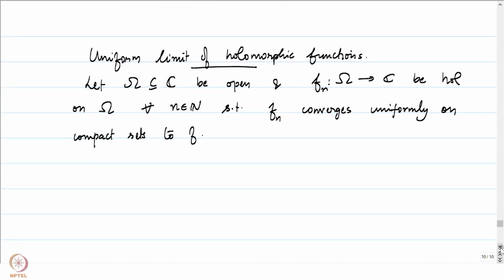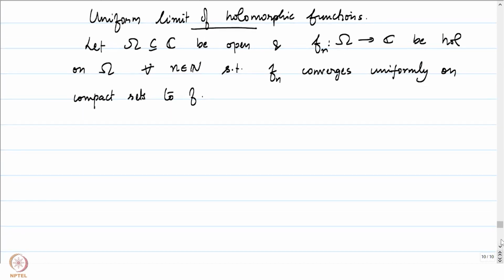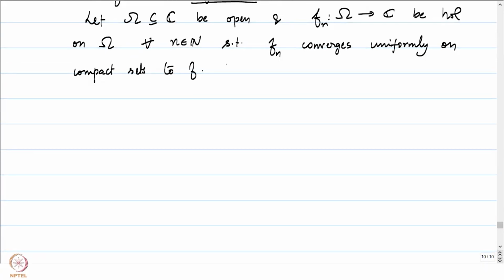Notice that the notion of uniform convergence of fn's to f on compact sets can be thought of with respect to the topology on R2 as well. It's the same, it's a topological notion that we are dealing with. The conclusion here will be that then f is also holomorphic.